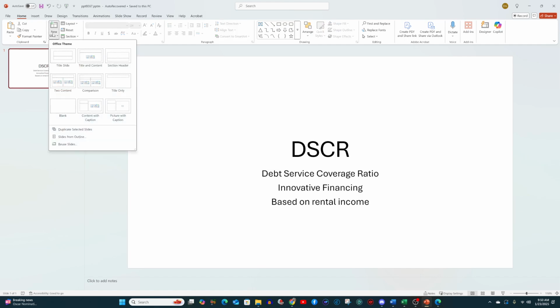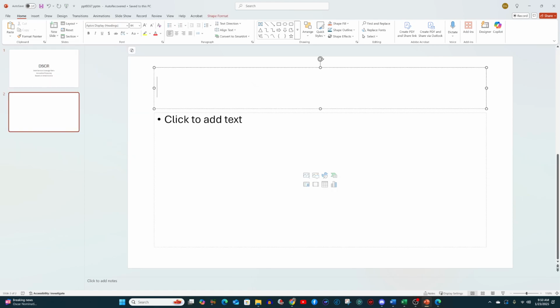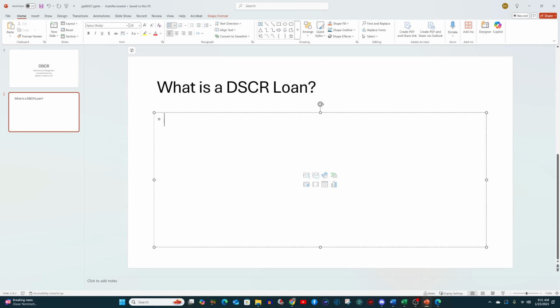So let's add a new slide here. So what is a DSCR loan? It's basically a non-qualified mortgage that evaluates a property's ability to generate income to cover its debt obligations.